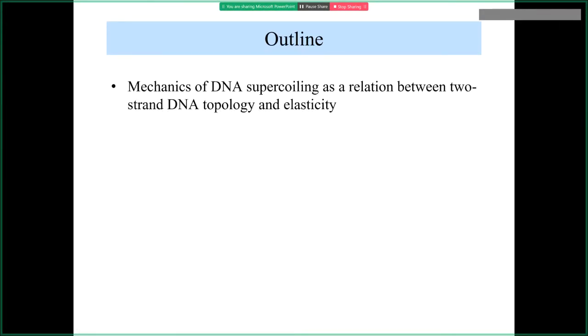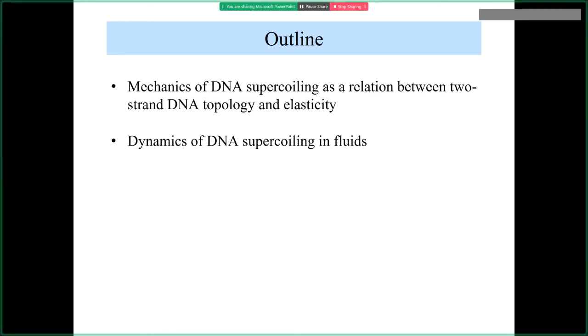The first, I'll be talking primarily about DNA supercoiling, how that comes about from considering the topology of two closed curves, and the relation between supercoiling and elasticity, because the energetics of DNA is an important component in supercoiling. Then in the second part, I want to take it from the equilibrium considerations into looking into dynamics of DNA, including more than just the elastic energy.